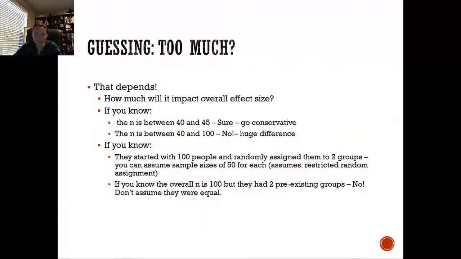Now let's talk about guessing and whether or not there's too much guessing going on. There's actually a definite amount of guessing that's going to happen when you're coding. You'll find that people just aren't as precise as you want them to be in these articles.